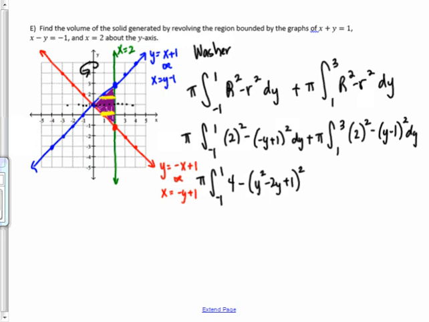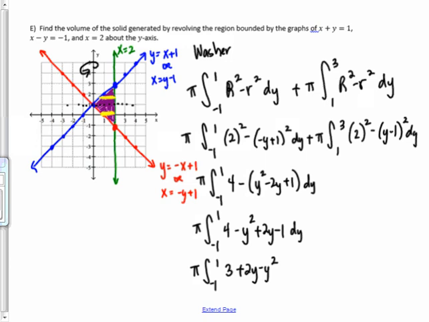If you need to write it out twice and FOIL it, do that, and then you can distribute it and clean it up before you integrate it. So you integrate, you've got 3 and a 2y and a minus y squared.